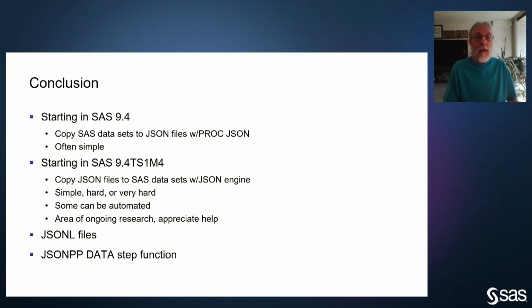Starting in 9.4 TS1M4, we can copy JSON files to SAS datasets with a JSON engine. It can be simple. We saw that in the first three examples. It can get medium hard, or it can get very hard or almost impossible to do in an automated fashion where we would have to code it manually. And I'm hoping to expand this over time and learn more. So I would appreciate your assistance. We also talked about JSON L files, and we talked about the JSON PP data step function.